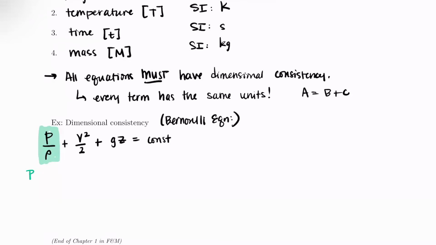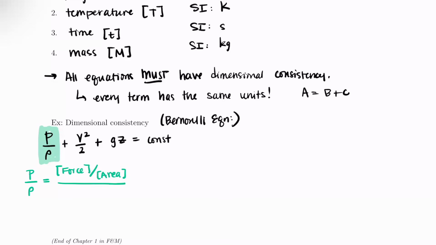Okay, so I have pressure over density. How I like to do this is the following. I like to break down my units into something that's a little more manageable, and I do it in a few steps usually. So I know pressure is a force per area, right? So I have a force divided by area.